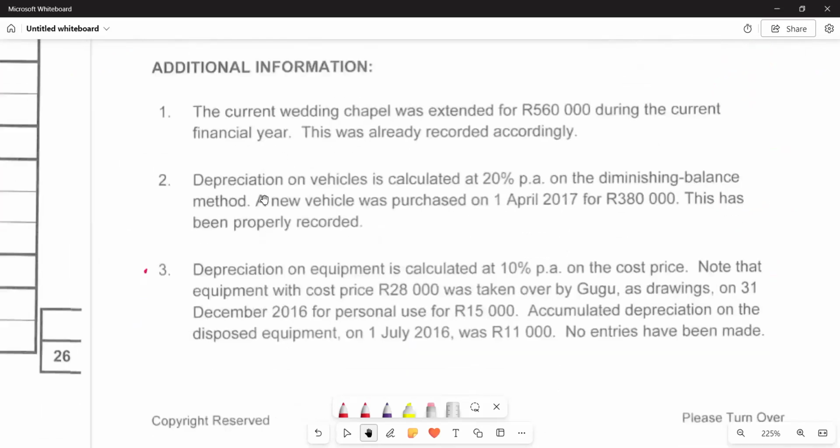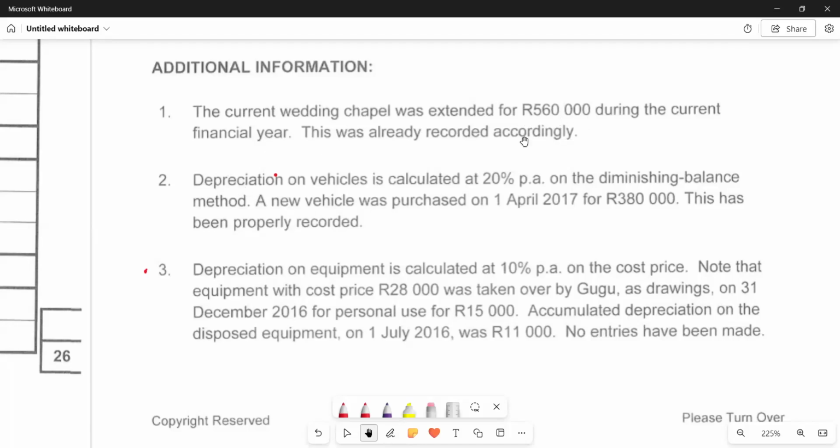Go down and try to see if we have anything to do with the land and buildings. If you come to additional information 1, you would see that we are told that the current wedding chapel was extended for 560,000 rands during the current financial year.